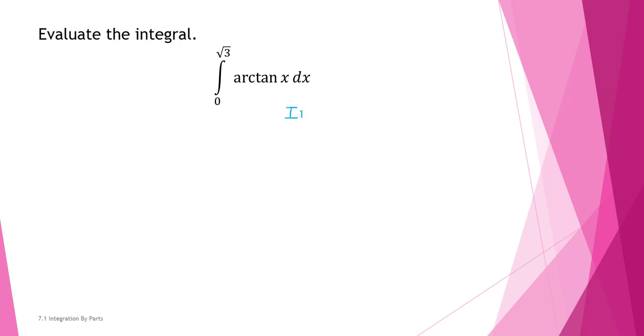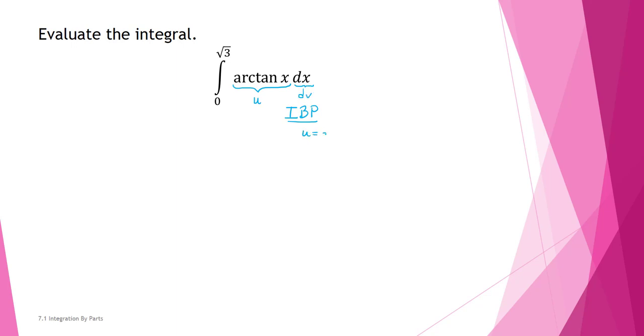When we're doing integration by parts, the thing we start with is u times dv, or the integral of u times dv. So I'm going to choose u to be arctangent of x, and I'm going to choose dx to be dv.